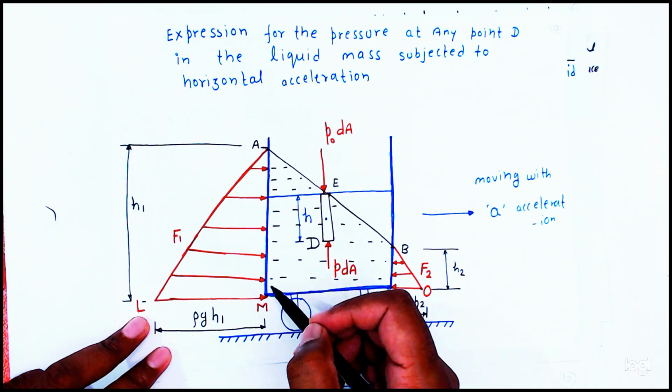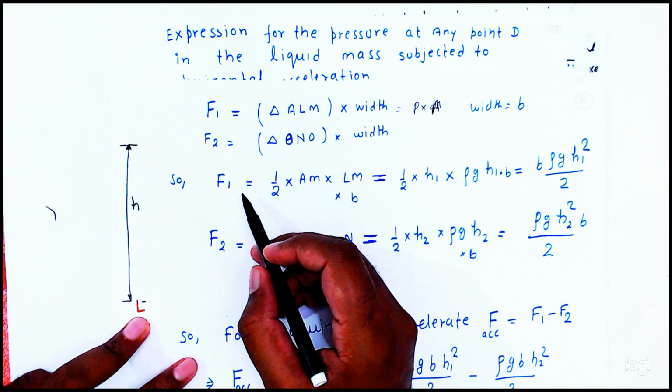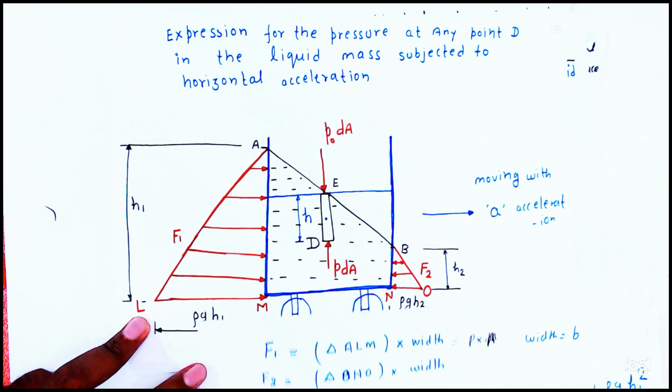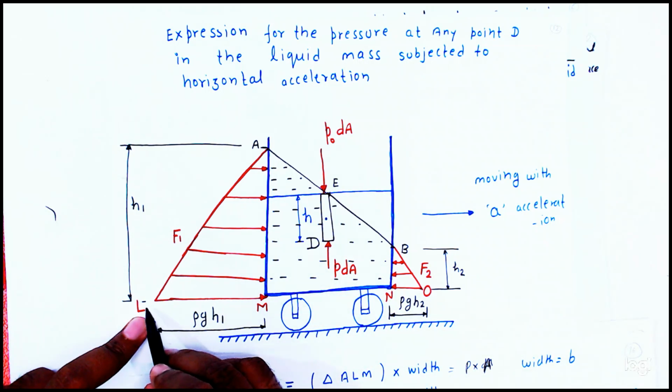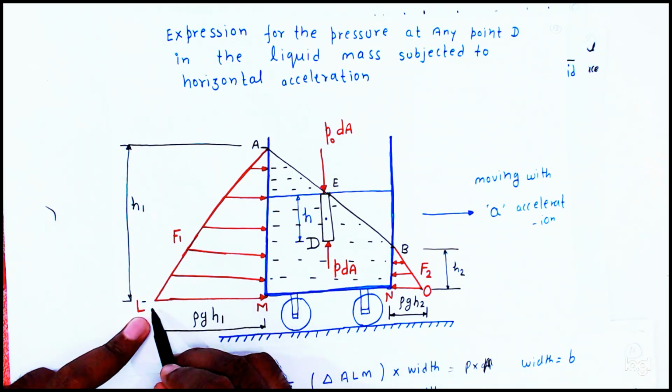Let's suppose width is equal to B. So from here, F1 is equal to 1 by 2, height is equal to AM and base is equal to what? Base is equal to this LM.